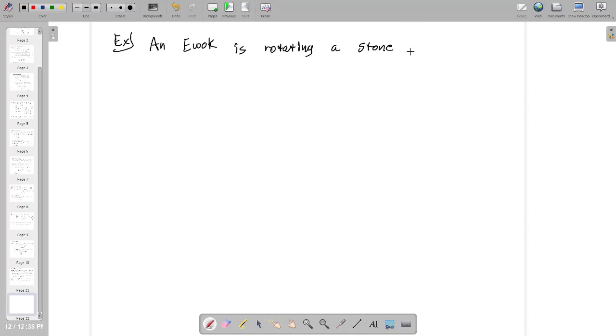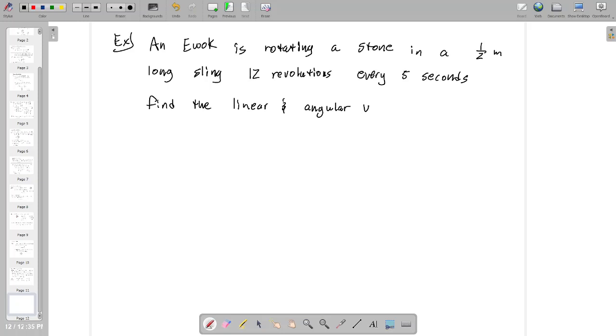An Ewok is rotating a stone in a 1/2 meter long sling 12 revolutions every 5 seconds. Find the linear and angular velocities of the stone.